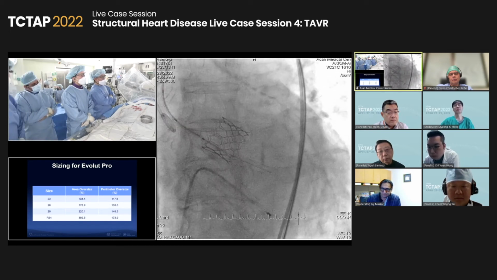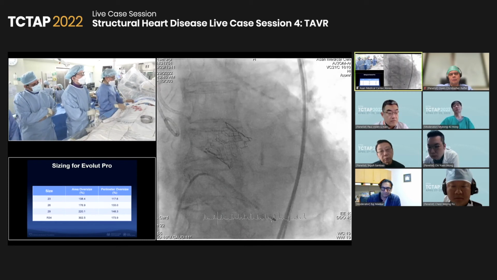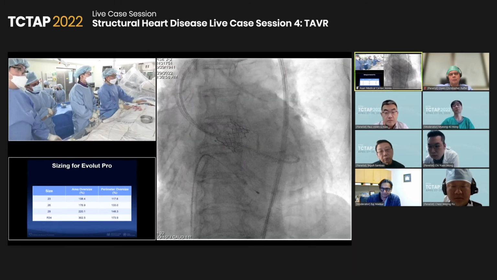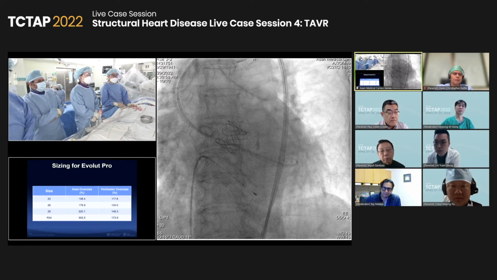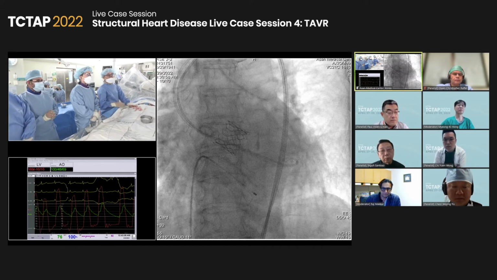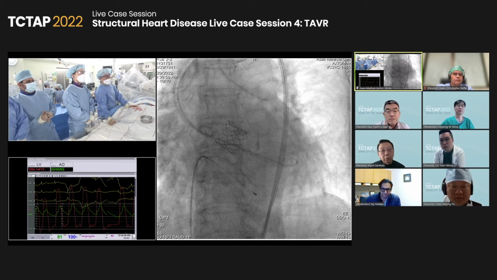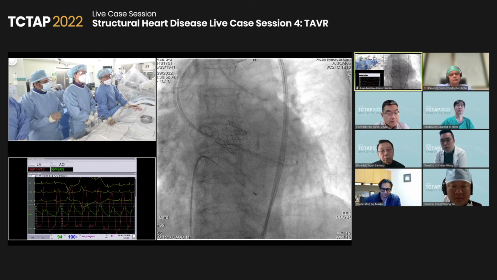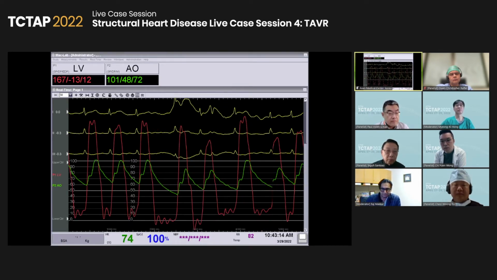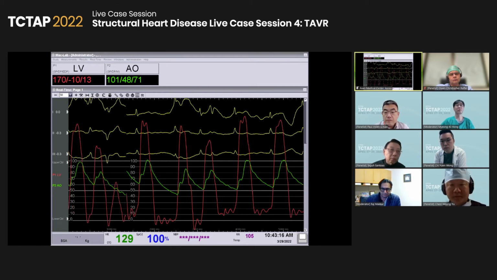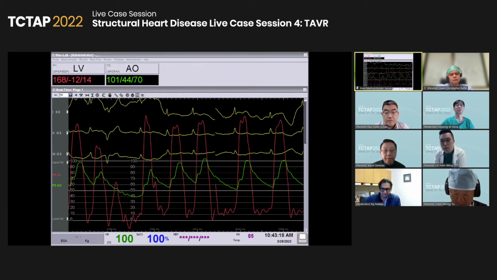Okay, got it. So we put the dual monitoring of the aortic valve. Can you see the monitor, how much different the pressure curve is? Okay, as you can see, there is a big pressure gradient, and so at this moment our heart team decided to put the Evolut 23.